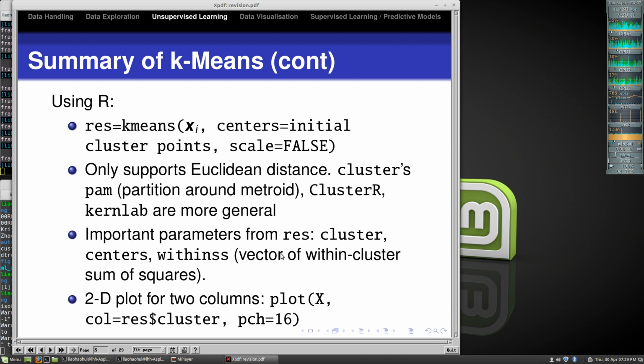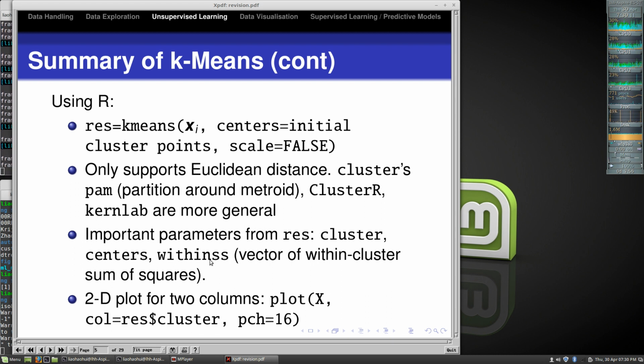In R, basically it's something default, and R actually only supports Euclidean distance. If we need to deal with other types of distances, then we have to install other packages.